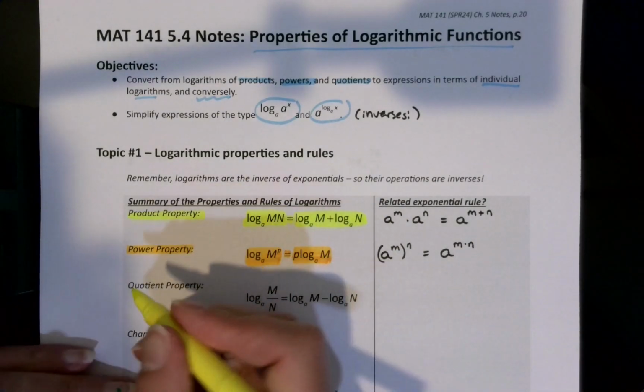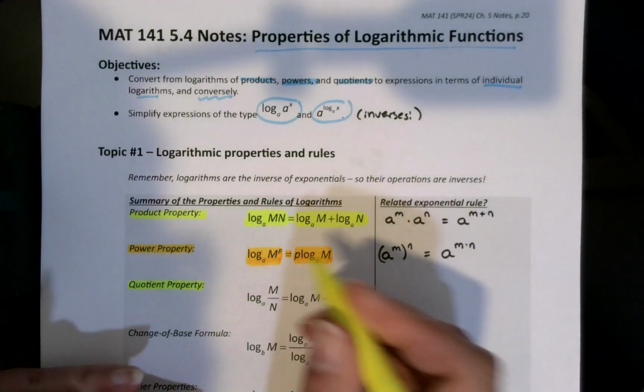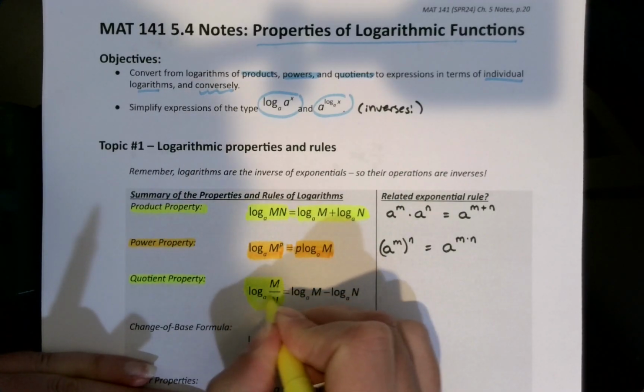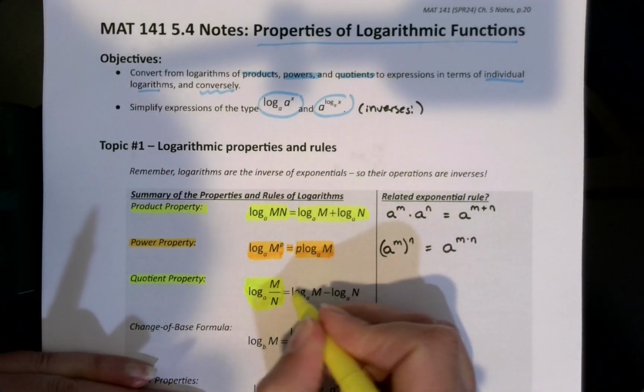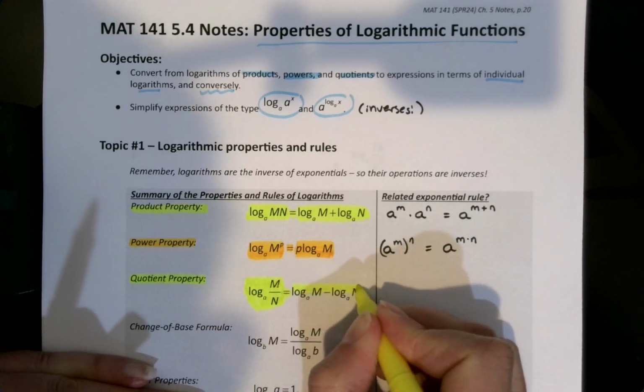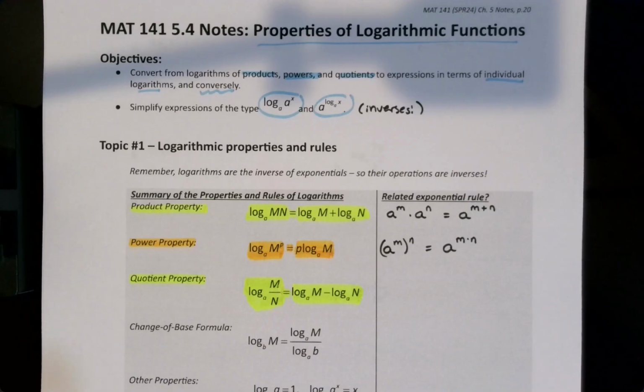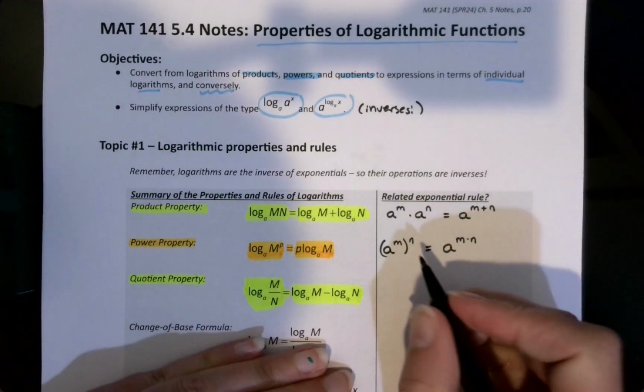The next one is the quotient property. It says if I have the log base a of m divided by n, then I should be able to separate this as the log base a of m minus the log base a of n.